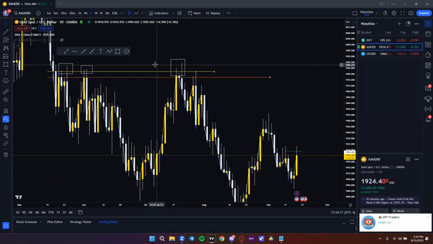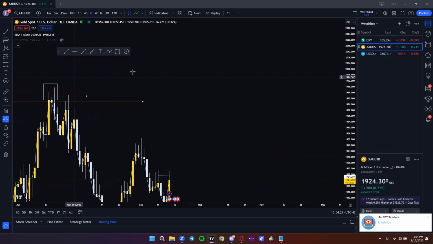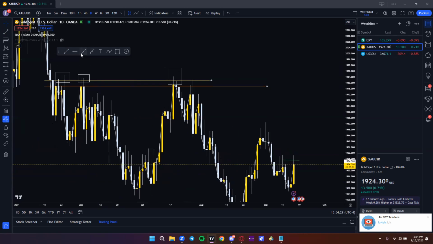That's point one. Point two is sometimes what will also happen is, like you said, there are multiple daily levels inside of the weekly.